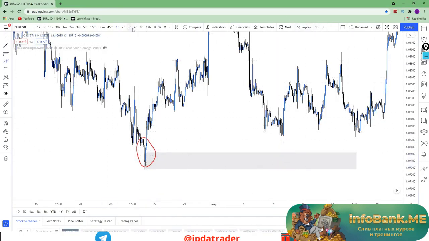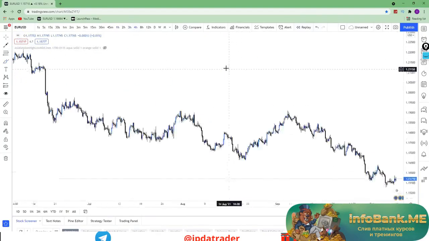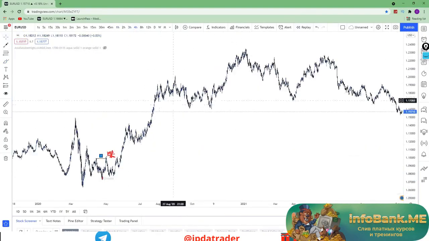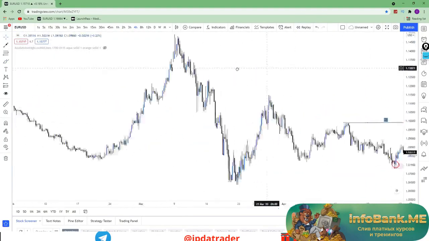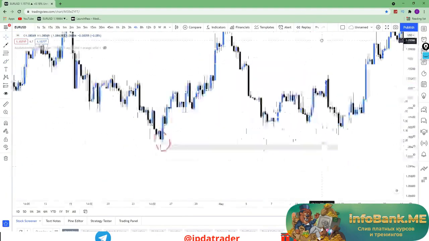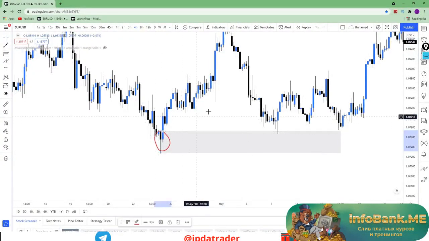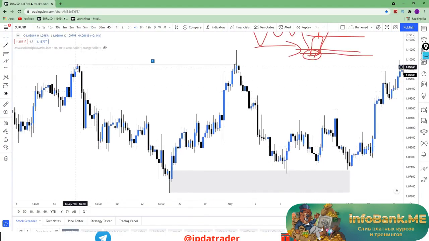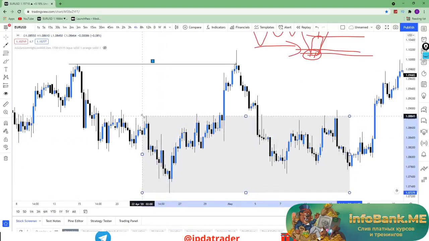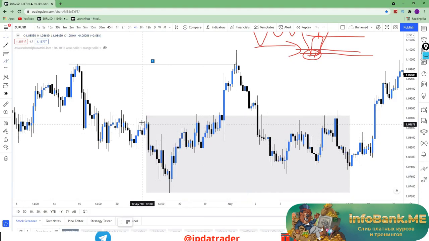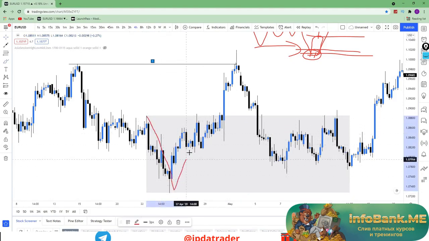So let's actually go back to the 4 hour as we were looking at, and let's use the 4 hour point of interest. We understand that the moment we trade above that high, this becomes a point of interest. And this on its own is a point of interest as well, because if you look at it logically, this is also a down move that led into an up move.